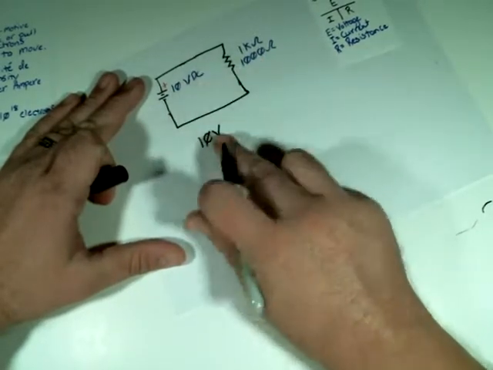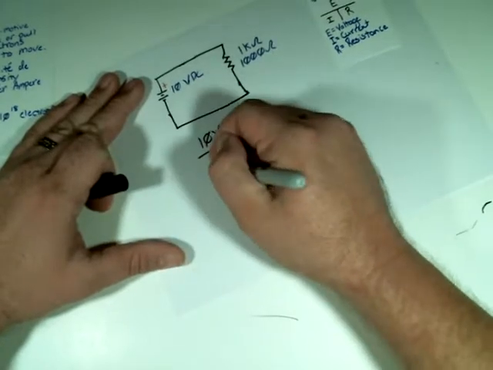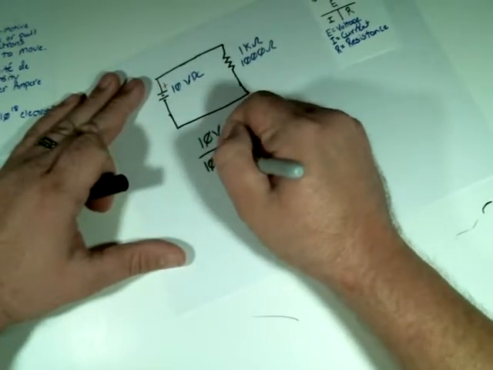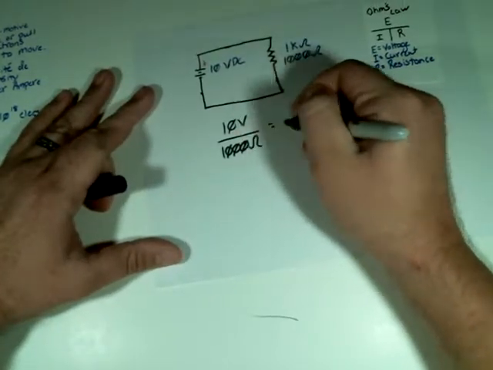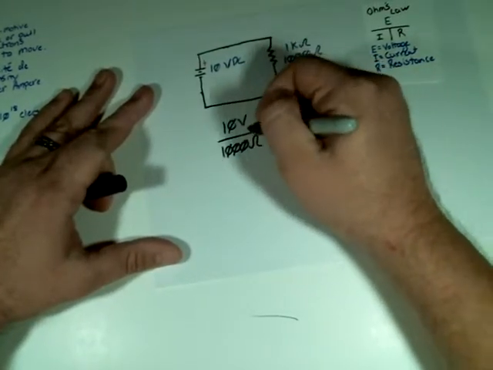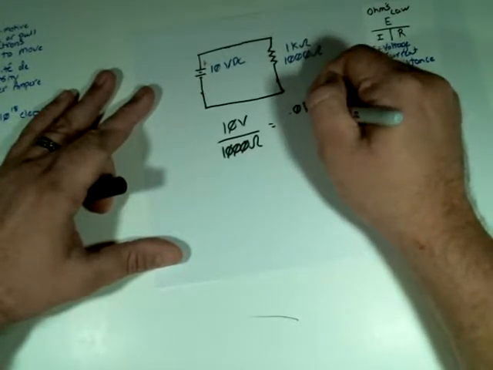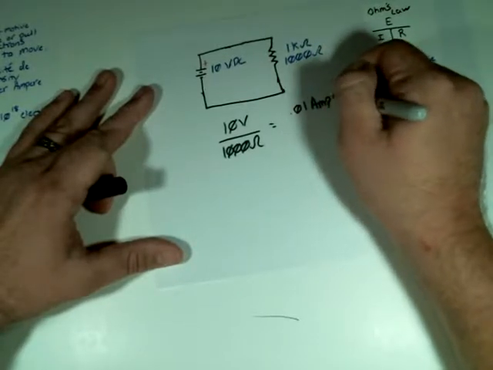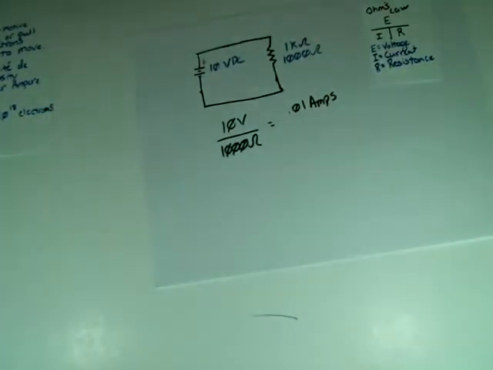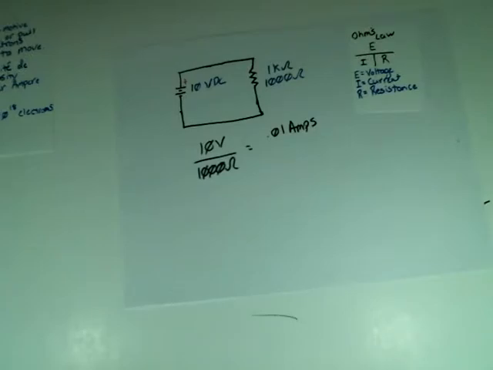And you always keep your units in measure. All right, so that would equal 0.01 because current is measured in amps. That's named after amperes, another French thing, I believe.